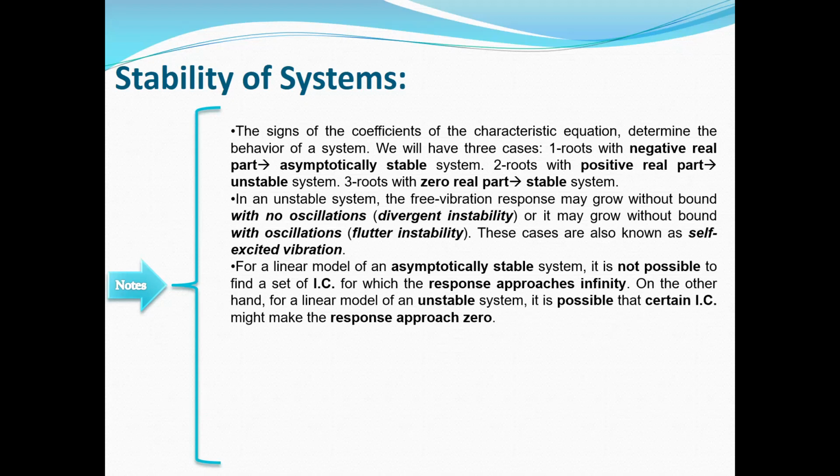But on the other hand, for a system with unstable behavior, maybe we can find some initial condition for which the response is finite and approaches zero. So for a system with asymptotically stable behavior, the response is always bounded and achieves zero.